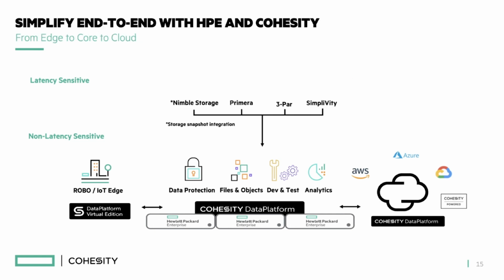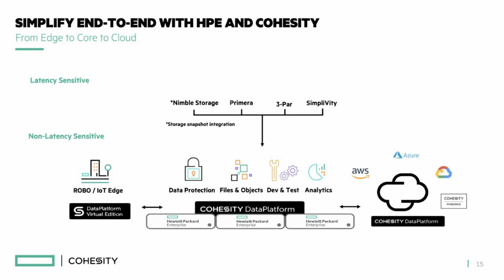What does this mean to HPE customers? We back up all of HPE's primary storage arrays, which is Nimble storage, Primera, 3PAR, SimpliVity, onto the Cohesity data platform. And we also give you one single user interface where you can manage all of this data.